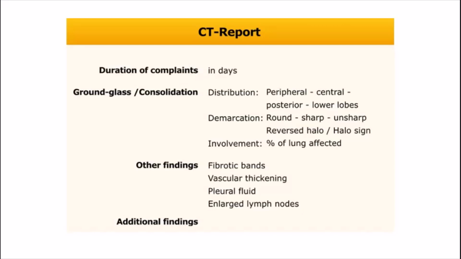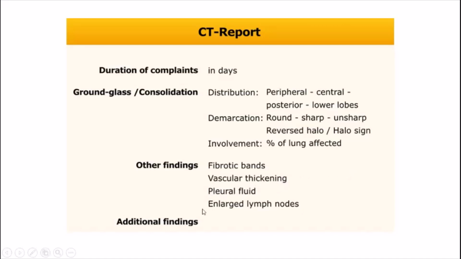We see different patterns on CT, and so the next info is the ground glass and the consolidation, their distribution, is it peripheral, central, is it posterior or lower lobes, the demarcation, is it round, sharp, unsharp, is there a reversed halo or a halo sign, and then the percentage of the lung affected. And then we should include any other findings such as fibrotic bands, vascular thickening, which is an important sign also to differentiate COVID-19 from other viral pneumonias.